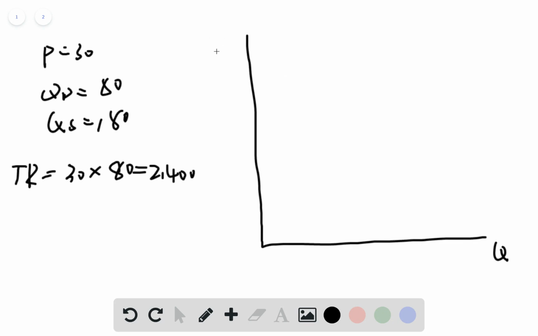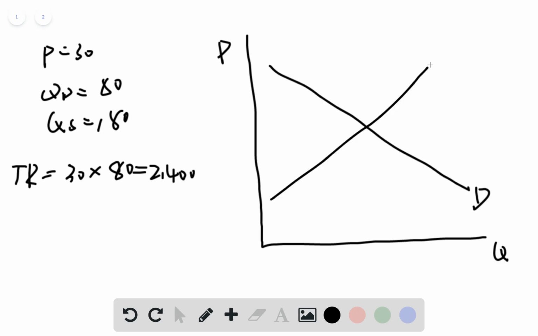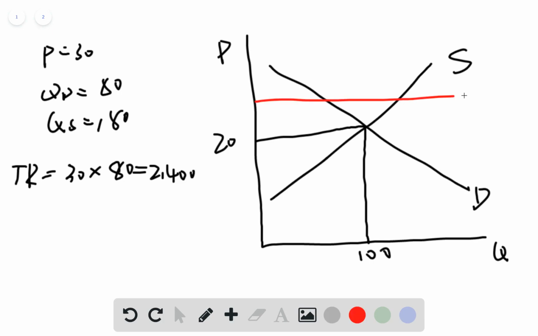Okay, so we want to draw a graph for it. This is quantity, this is price, and we have the demand curve and the supply curve. So we know that the equilibrium price and equilibrium quantity are 20 and 100, and there's a price floor of $30, and the price floor is activated.